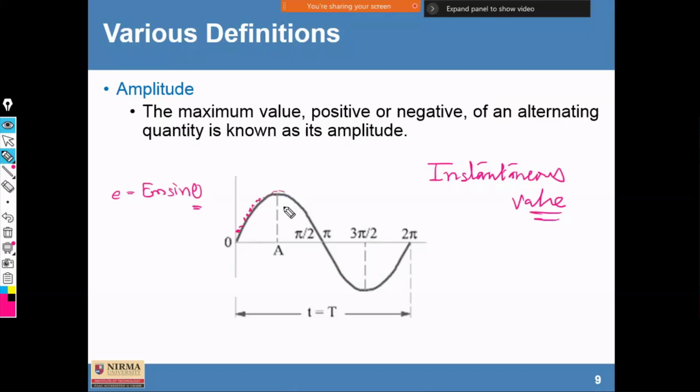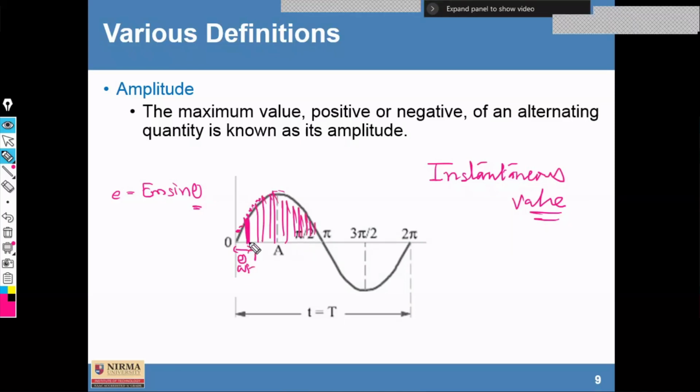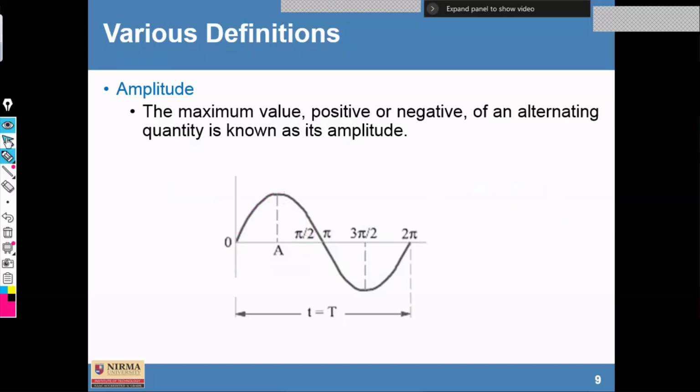Suppose if you want to find the value at this point, then we should know this angle here, theta or omega t. If we know this angle, we can calculate different values at different times. So the values which we obtain at any instant of time are known as instantaneous values.